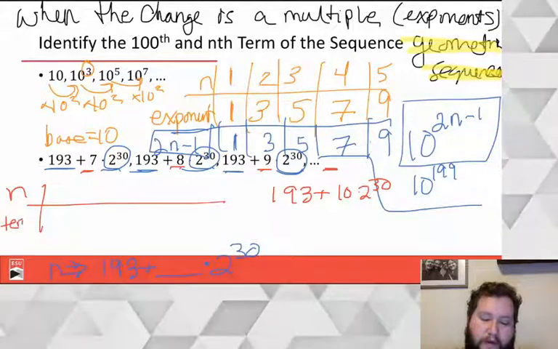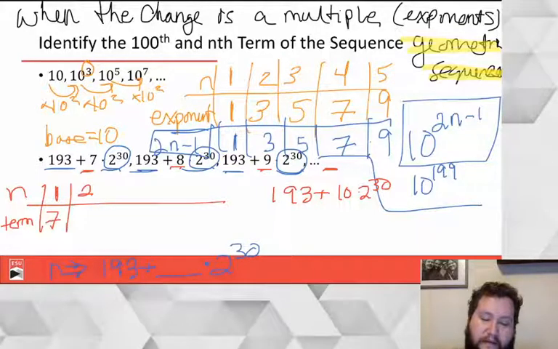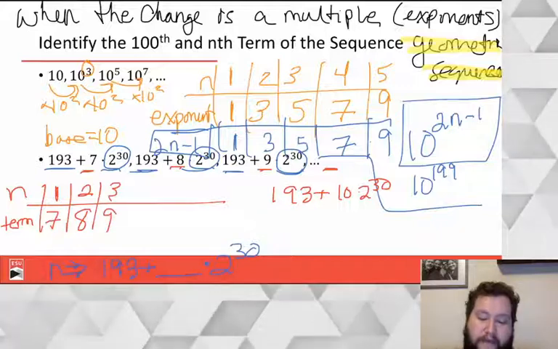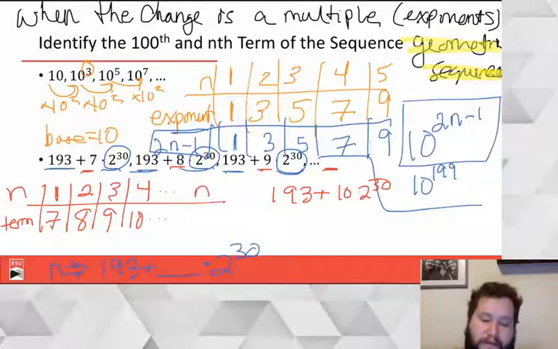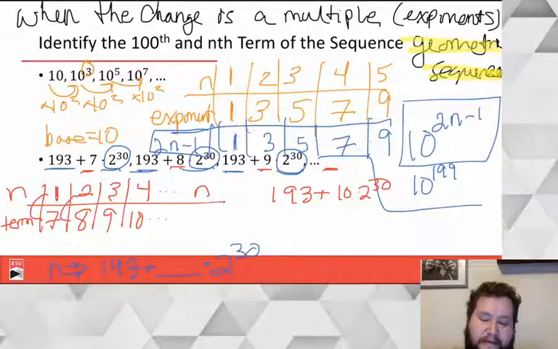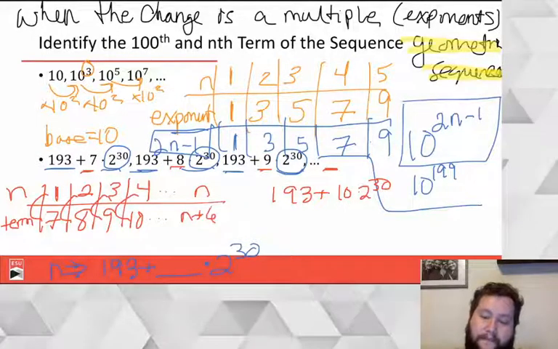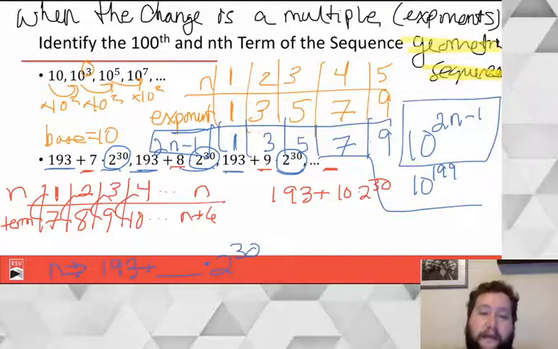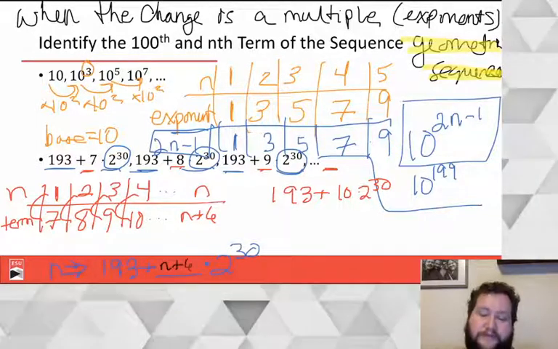When we have 1, we have 7. 2, we have 8. 3, we have 9. 4, we have 10. And so for our nth term, what's the difference between 1 and 7? 6, 6, 6, 6, n plus 6. And so we have our nth term is 193 plus n plus 6 times 2 to the 30th.